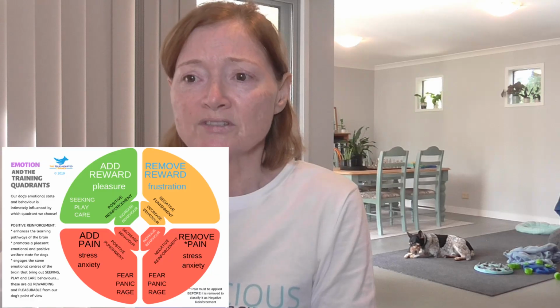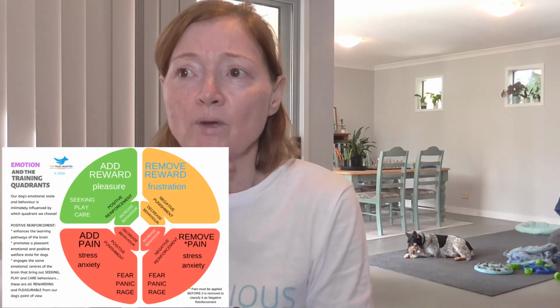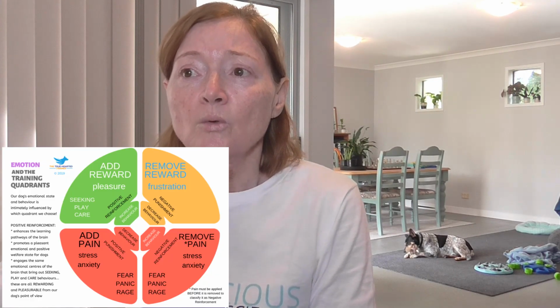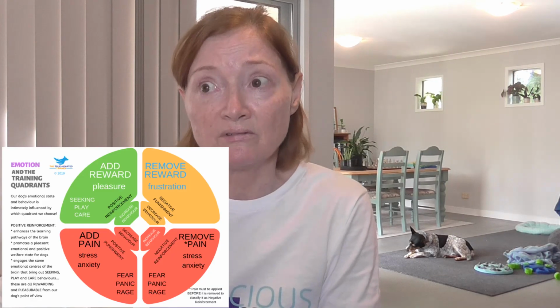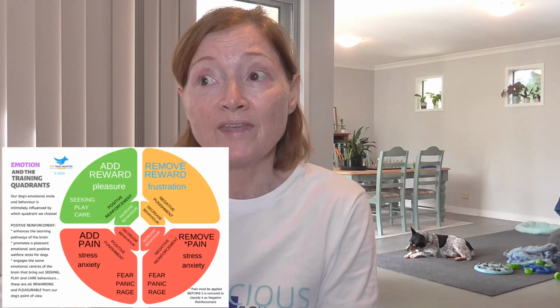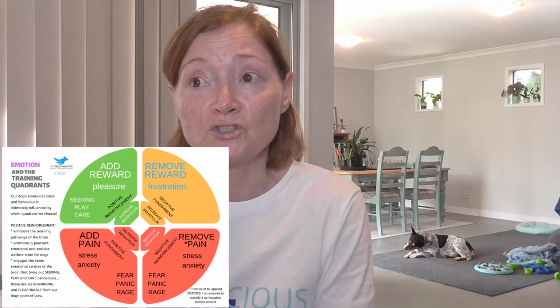So look at the 2 bottom ones. So basically you can see for yourself what's happening and what part of the brain is being engaged by that dog when they're being forced to endure these types of training methods.